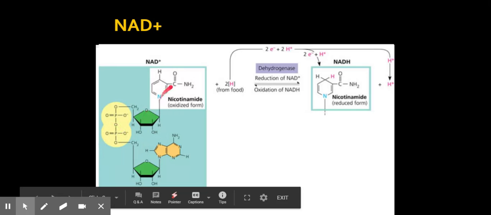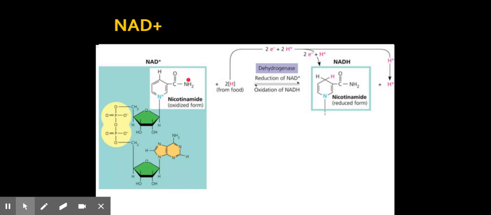And then the nicotinamide up here is the nitrogenous base, even though it's not one that we see in DNA and RNA, it is a nitrogenous base. So it's going to be this enzymatic transfer of 2 electrons stripped from that glucose molecule. We'll have one hydrogen ion that will flow with it also from our organic molecule, and then a second hydrogen ion that's going to be released. And then those will be transferred along with NAD plus to form NADH over here.